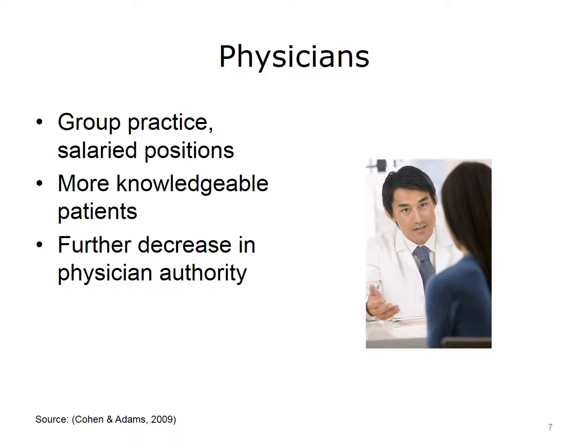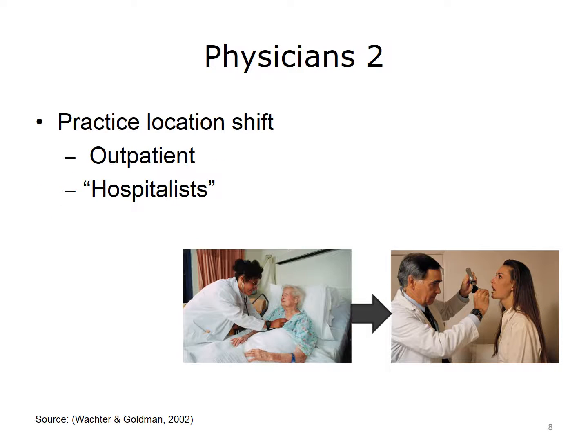In the 90s, physicians were practicing more commonly in physician groups rather than in solo practice, and many were in salaried positions. Patient use of the internet had increased tremendously, and so patients now approached their caregivers with more knowledge. There has been a further decrease in physician authority and autonomy. There has been a move away from hospitals as the main location of care.